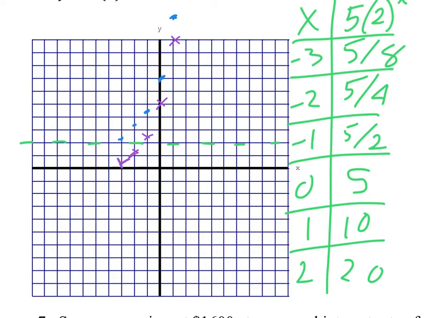And then if we draw a line through there, again, arrows on both sides, just try and hit those blue points. And so there we go. That's what that graph would end up looking like for that one. And again, notice it follows that asymptote at y equals 2 right there.